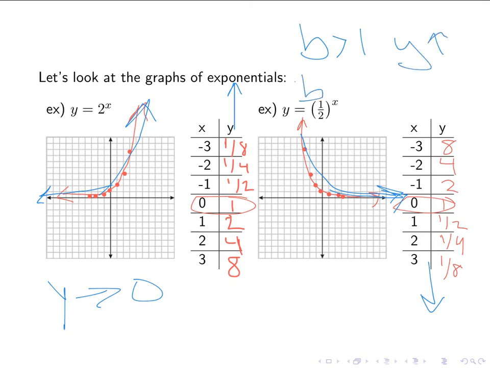Remember b is never negative, and it's never equal to 1. So it's either greater than 1 or it's between 0 and 1. If it's between 0 and 1, then my function is decreasing. That's something to keep in mind, whether it's graphing it or in an actual example, which we're going to do next.